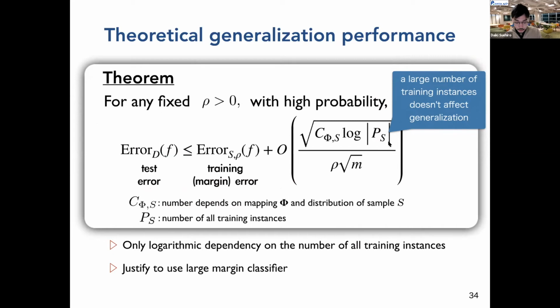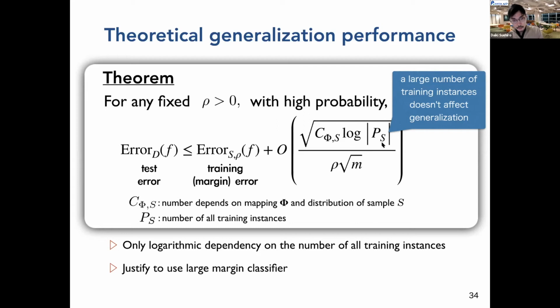And as you may know, the bound means the gap between testing error and training error. So if this term becomes smaller, the gap also becomes smaller. This is a happy case. So we can see that our generalization error bound has only logarithmic dependency on the number of all training instances. PS means the number of all training instances.